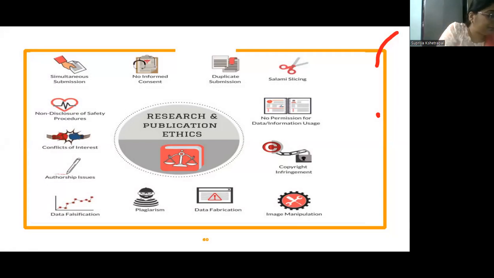I think now let us hear about research, publications and ethics. Okay, so here the figure is itself very self-explanatory.